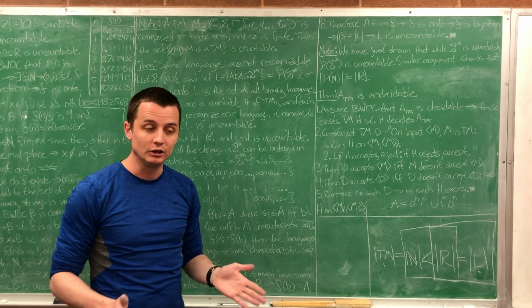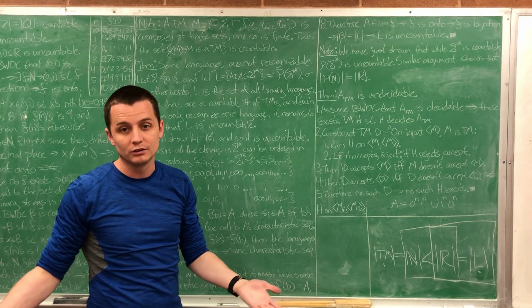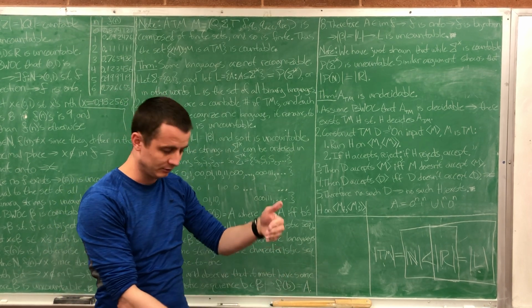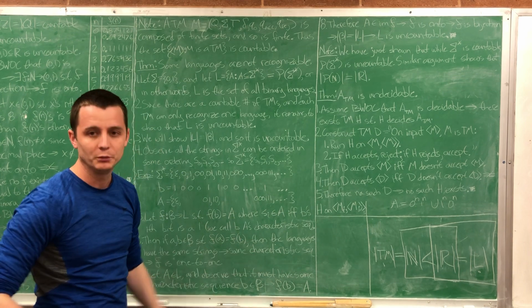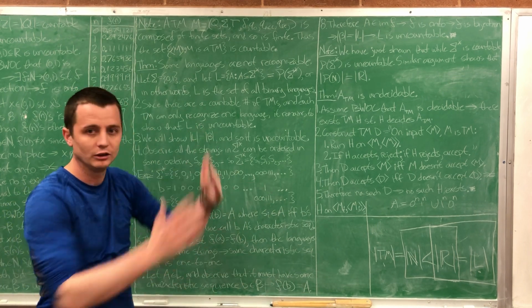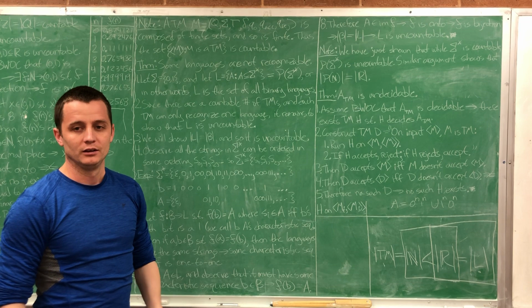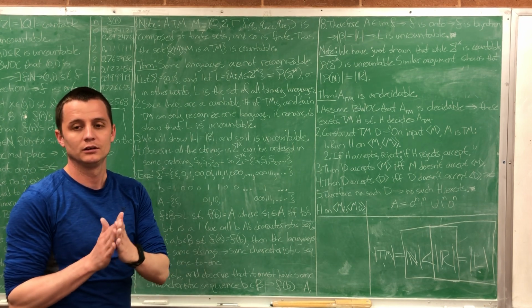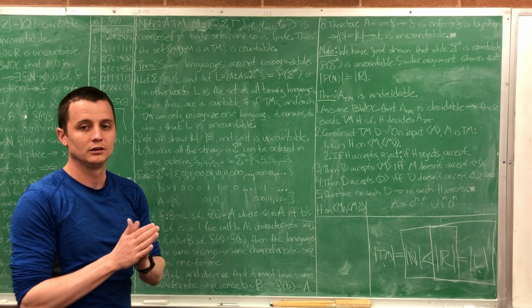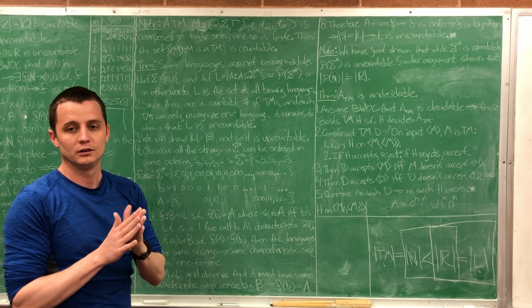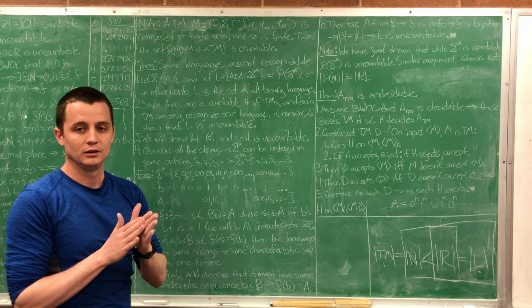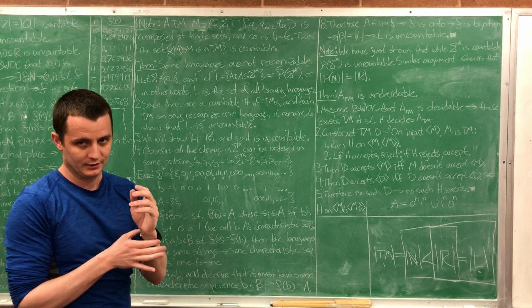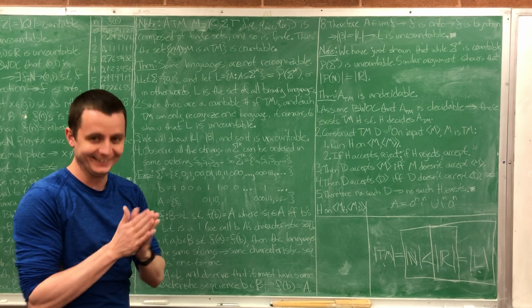Because every Turing machine generates one and only one language. And if different Turing machines means they don't generate the same language, then it would be a bijection, because you wouldn't have two different Turing machines generating the same language. So the fact that we have unrecognizable languages is why they're not the same size, and they're not a bijection.